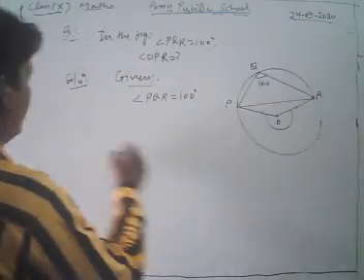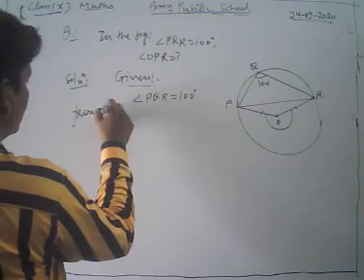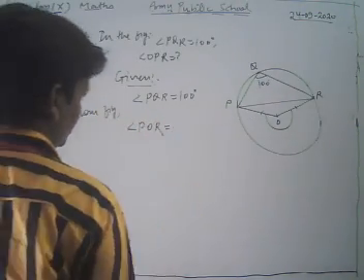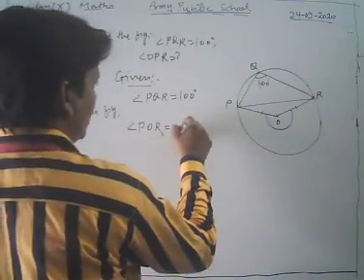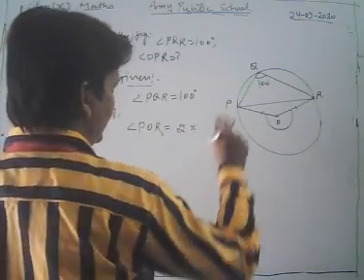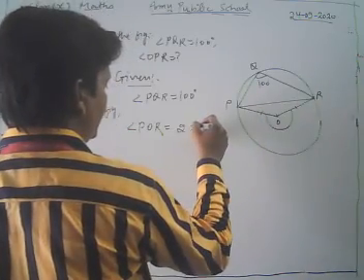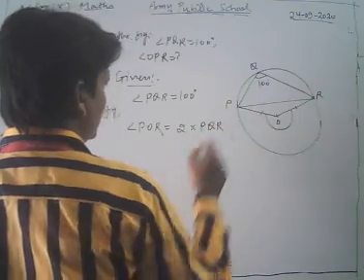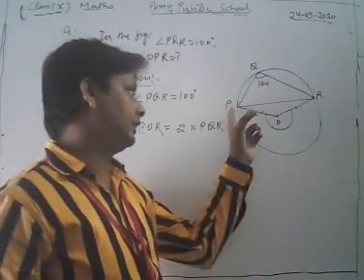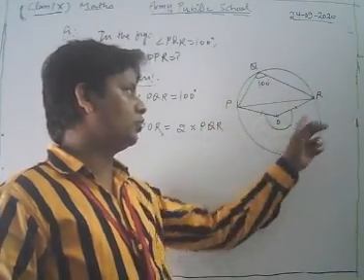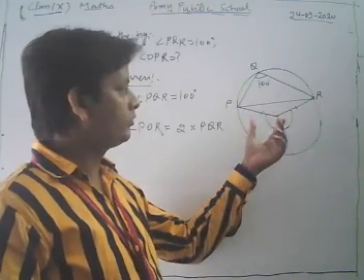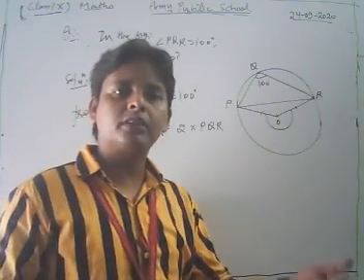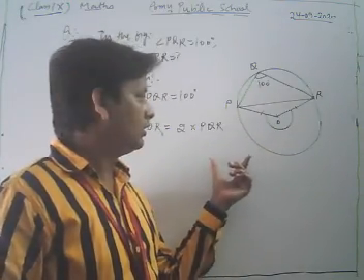So look, from the figure, angle POR is equal to 2 times angle PQR, because the angle subtended by arc RP at the center of the circle is POR, and POR is equal to 2 times angle PQR according to the previous theorem. Now we put the values of PQR.